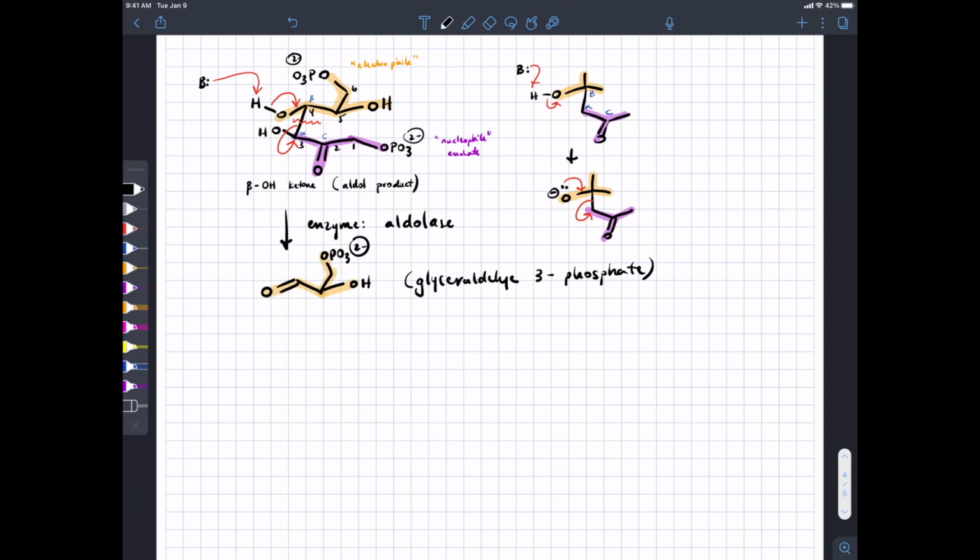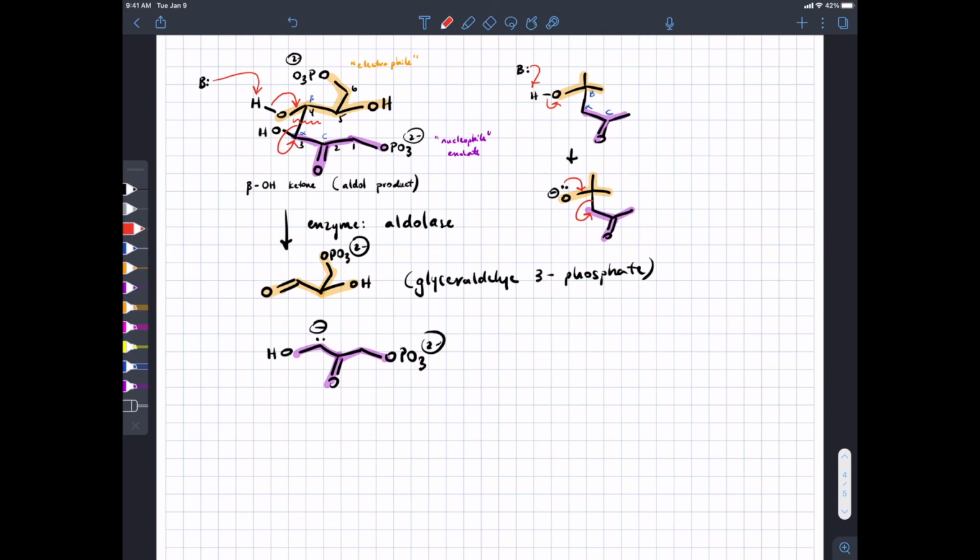And then on the other side, what will we have? Well, we've got the OH group with a negative charge on it. That's with a negative charge on the alpha carbon. This is the purple portion that was the enolate.